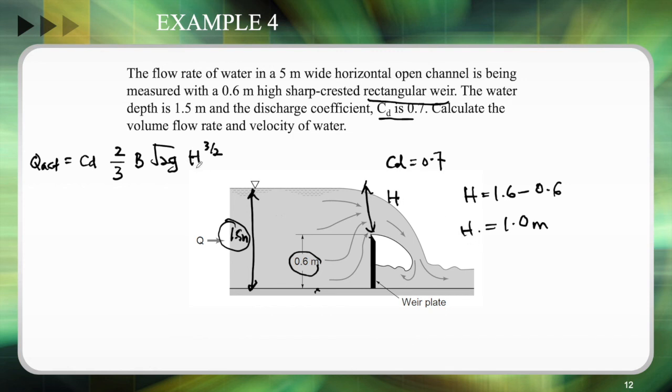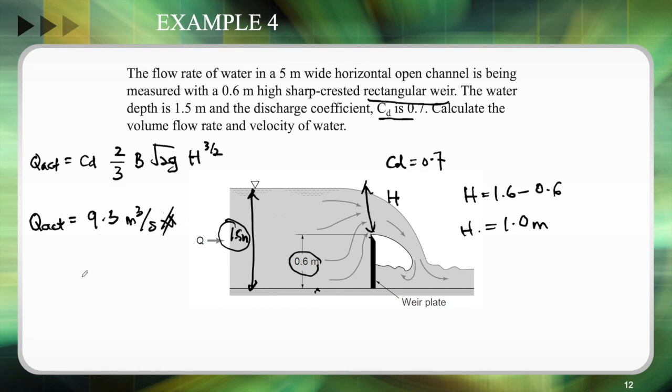Substitute into this equation: CD is 0.7, B is 5 meter, 2g is 2 times 9.81, then you will get that Q actual is 9.3 meter cubed per second. So you have solved for the volume flow rate.